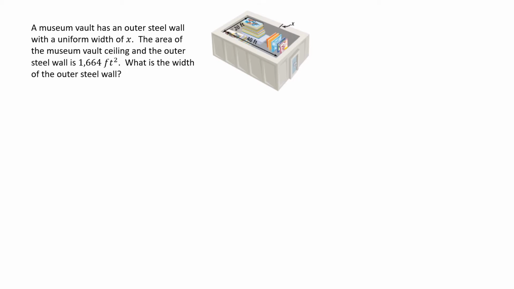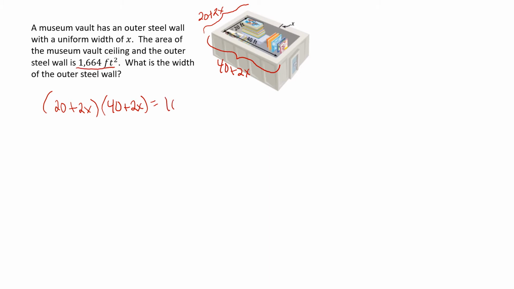So we can set it up. We have 20 plus 2x here, and we have 40 plus 2x here. And so the area would be 20 plus 2x times 40 plus 2x. And that area, it tells us, is equal to 1,664 square feet.